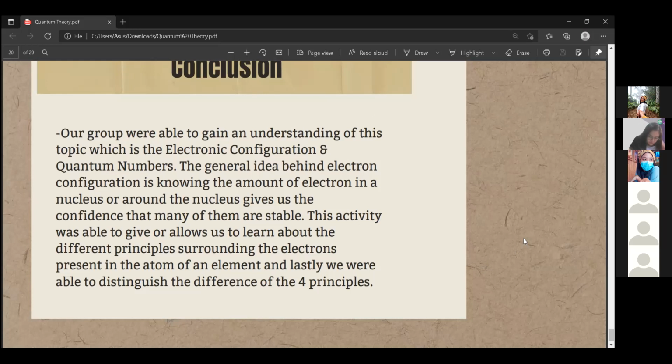The general idea behind electron configuration is that knowing the amount of electrons around the nucleus gives us the confidence that many of them are stable. This activity allowed us to learn about the different principles surrounding the electrons present in an atom of an element. And lastly, we were able to distinguish the difference of the 4 principles.